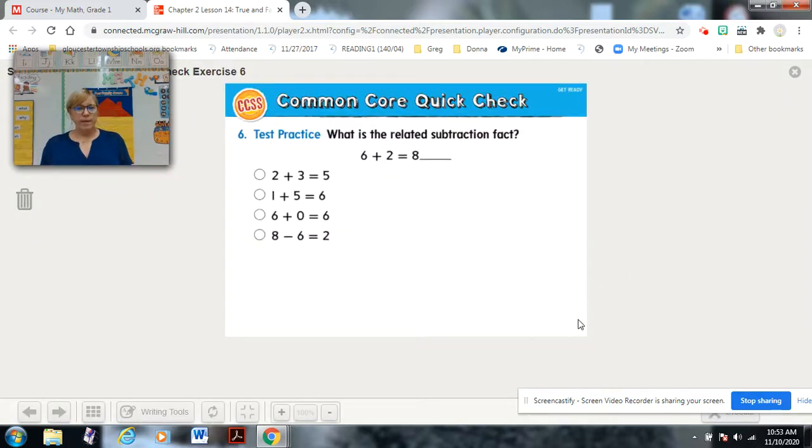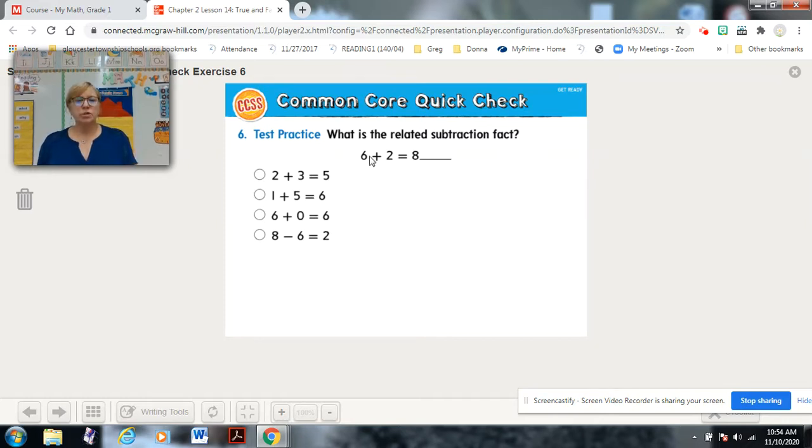All right, now I would like us to look at this. And if you remember, we had a lesson yesterday and practice about related facts or fact families, okay? In fact, the house is still behind me. So this question is, what is the related subtraction fact? Okay, so remember I said related facts have the same 3 numbers in the family.